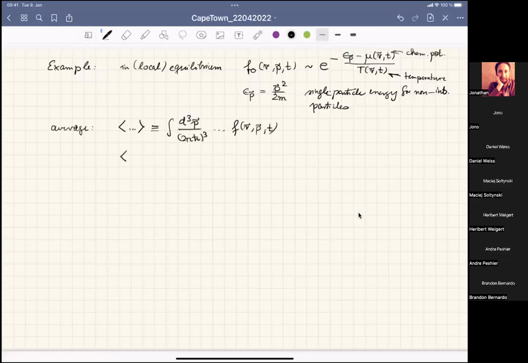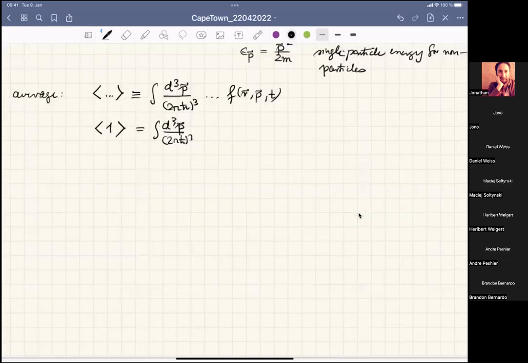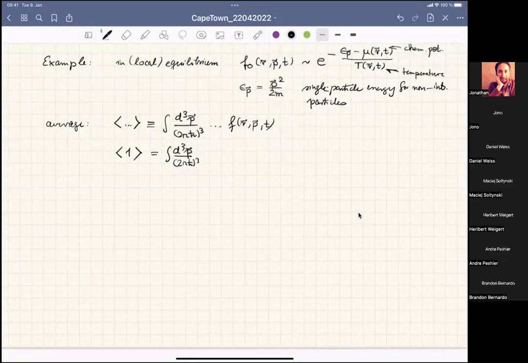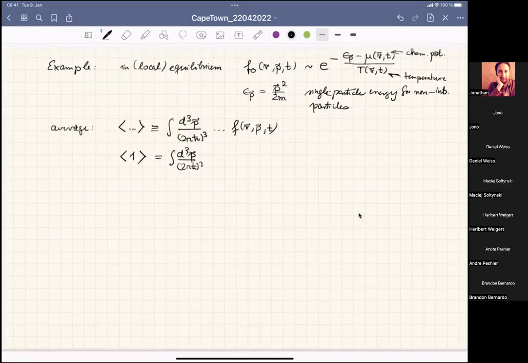For instance, if I average simply the number 1, what is this? If F was the average number of particles in the phase space cell d3r d3p, and then I integrate over momentum, then I get, of course, the average density of particles.